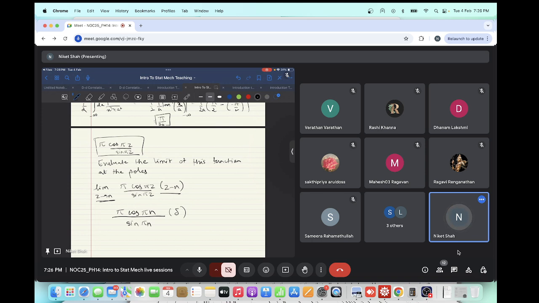Right, so limit z tends to n, because it's just a limit, so I'll say it's some n plus delta maybe. I'll not put it as exactly that, right?